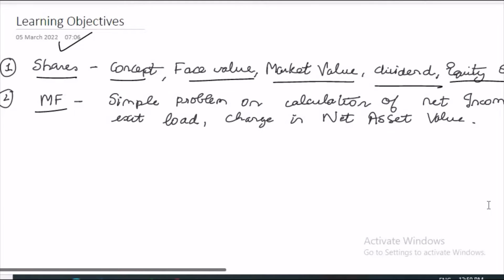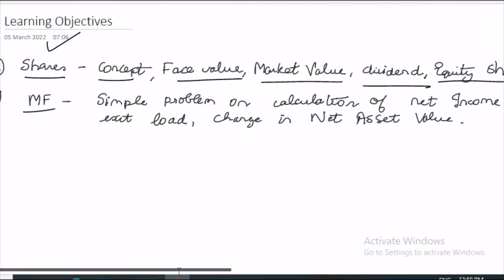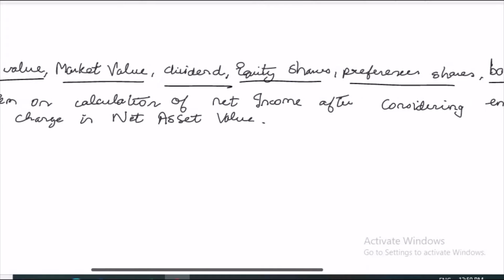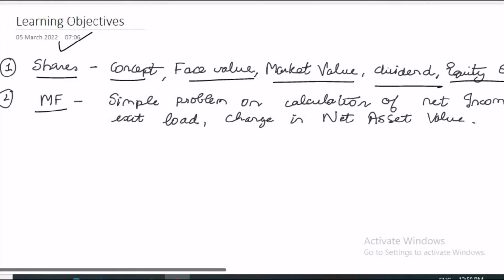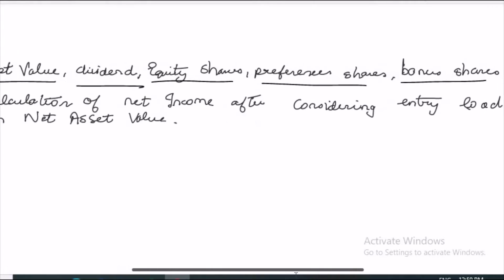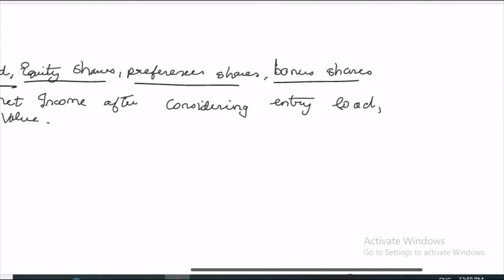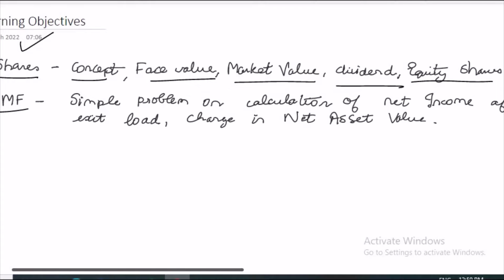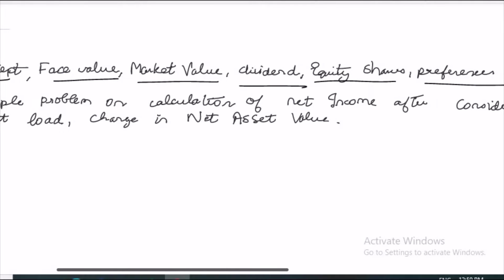Today we are going to teach the third unit on Shares and Mutual Funds. In shares, we are going to cover the concepts of face value, market value, dividend, equity shares, preference shares, and bonus shares. In mutual funds, we are going to learn simple problems on calculation of net income after considering entry load, exit load, and change in the net asset value.